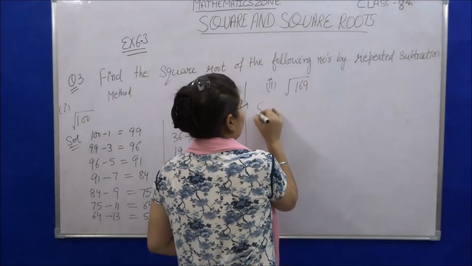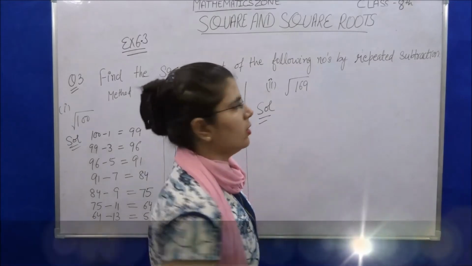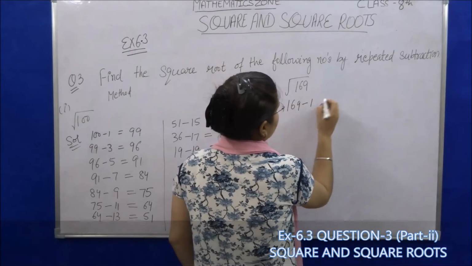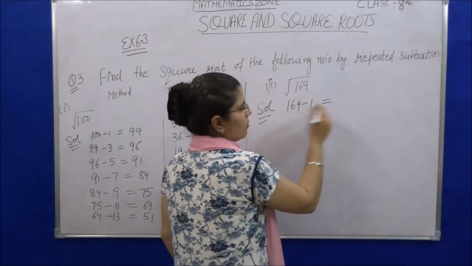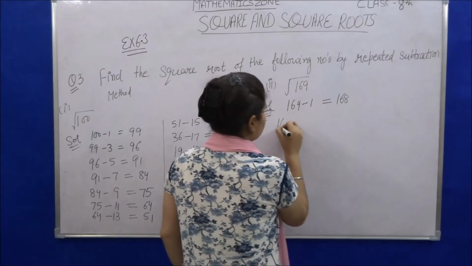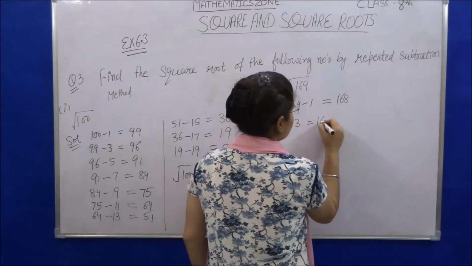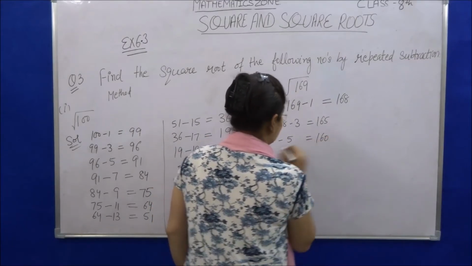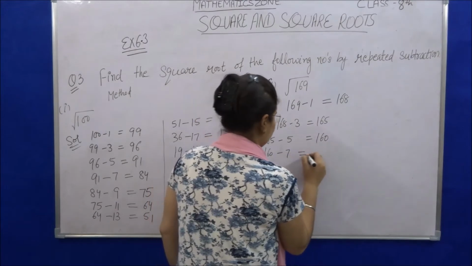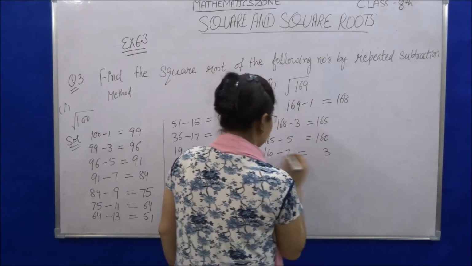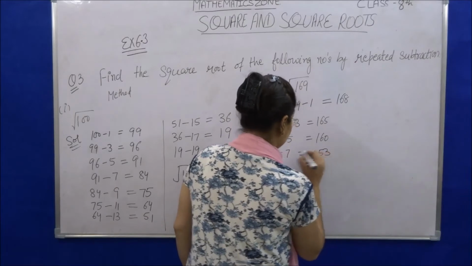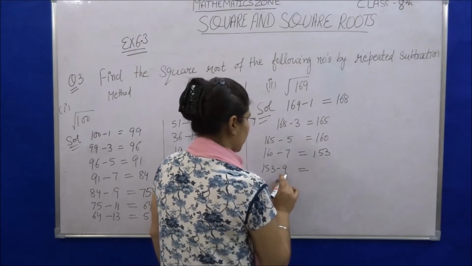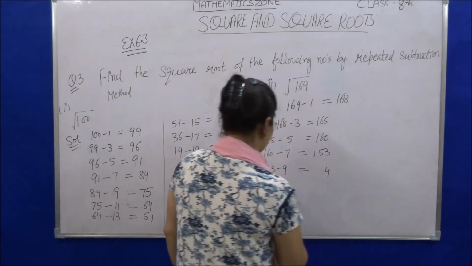Now next part is under root of 169. We will be moving as it is. 169 minus 1 will be 168. 168 minus 3, 165. 165 minus 5 will be 160. 160 minus 7 will be 153. Next 153 minus 9 will be 144.